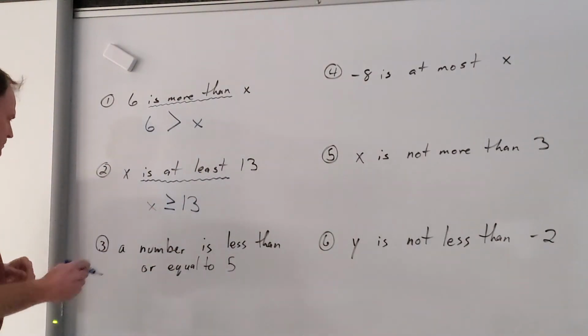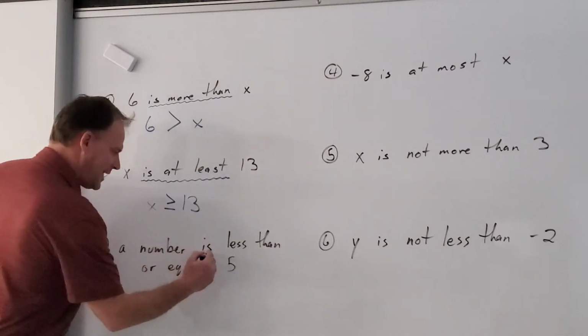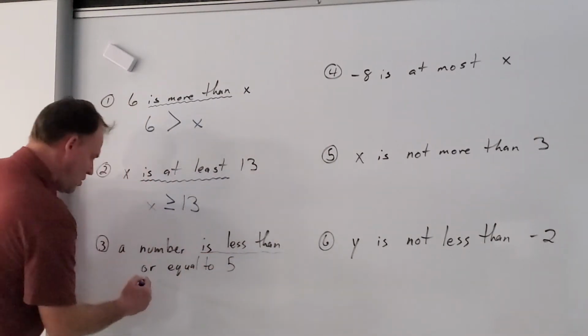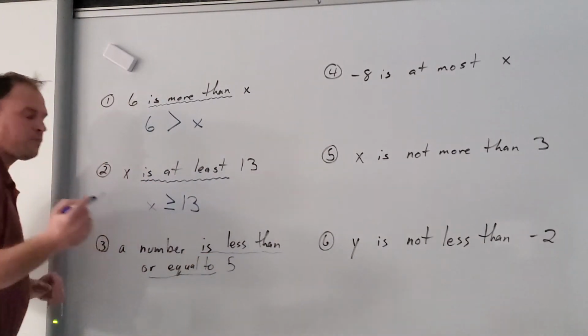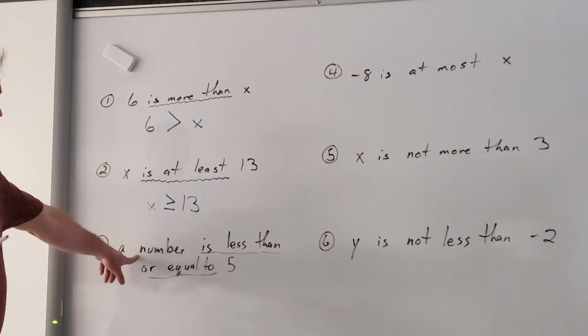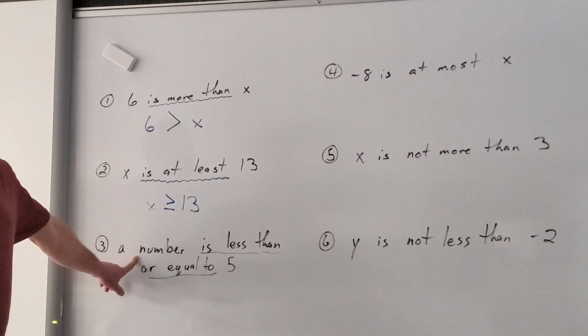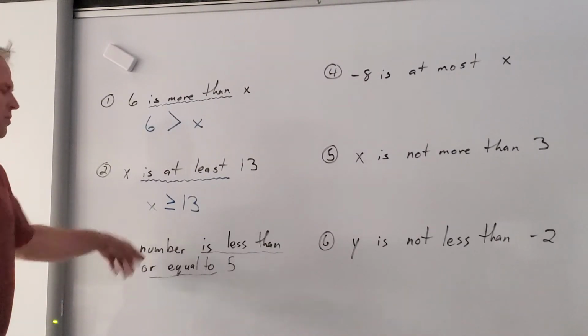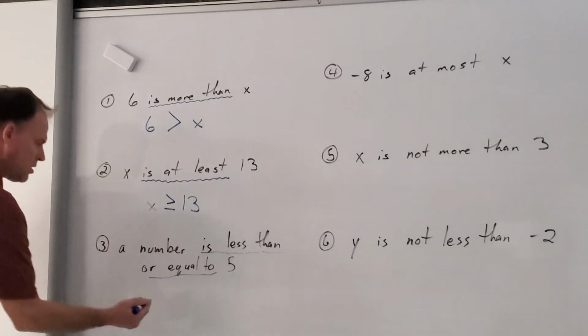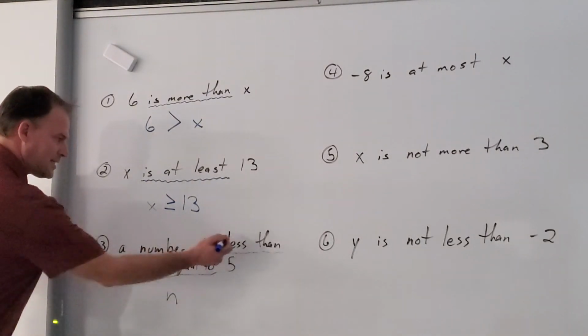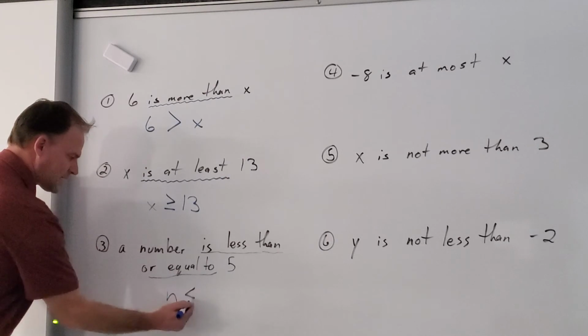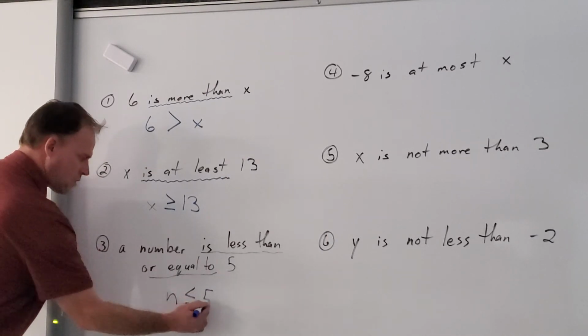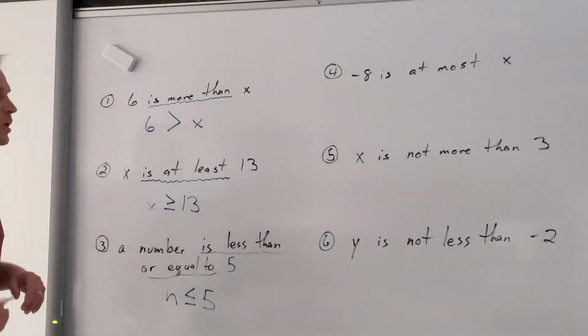All right? A number is less than or equal to 5. A number. Pick any variable you like. When I see number, I think n, so I'm going with n. Is less than or equal to. Less than or equal to 5. All right?